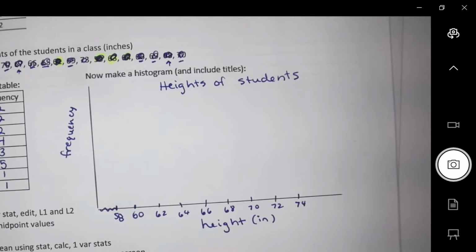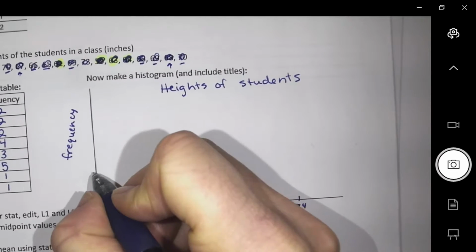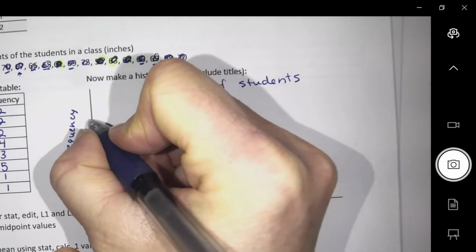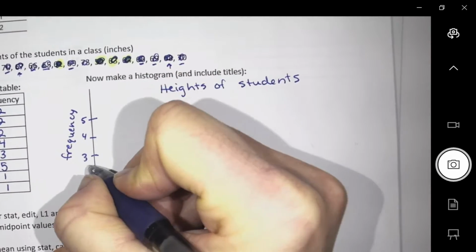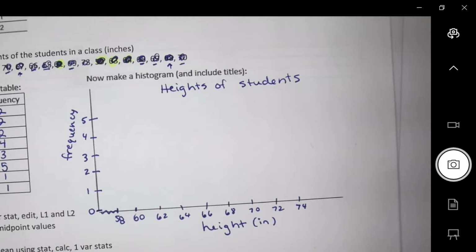Okay, so squiggly line, skip a bunch, start at 58. Because there's no point in starting at 0, right? Now, up the y-axis, the highest I have to go is 5. Okay, so you may as well start at 0, 1, 2, 3, 4, 5.